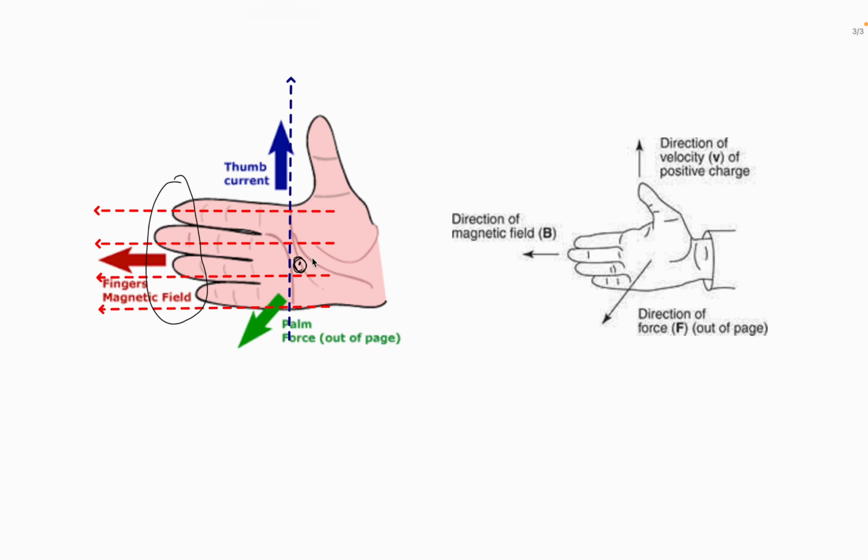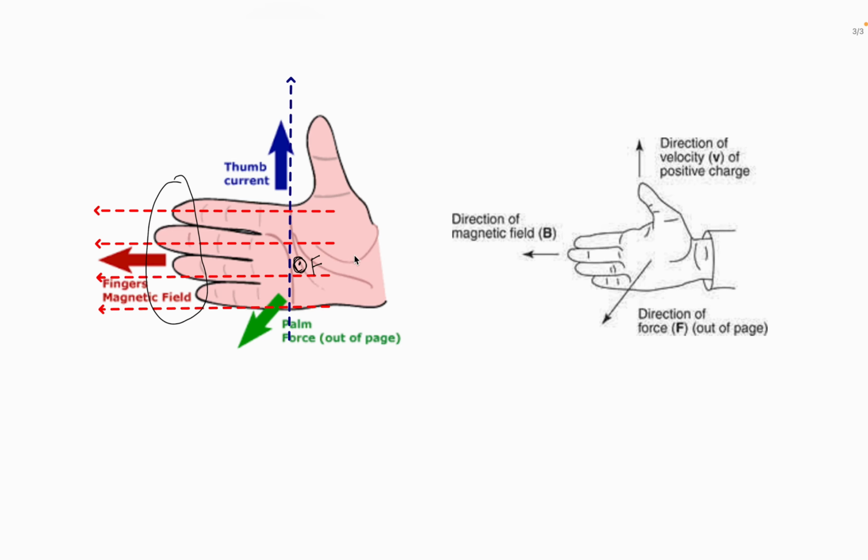If the wire is exactly perpendicular to the screen and the magnetic field is flat along the screen, then the force on this wire will be perpendicular to the screen, coming out of the page. If the current was going in the downward direction, then the force will be into the page.